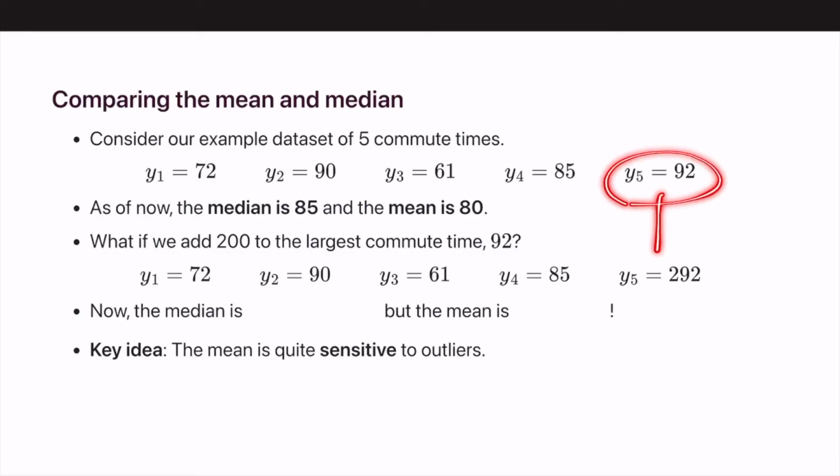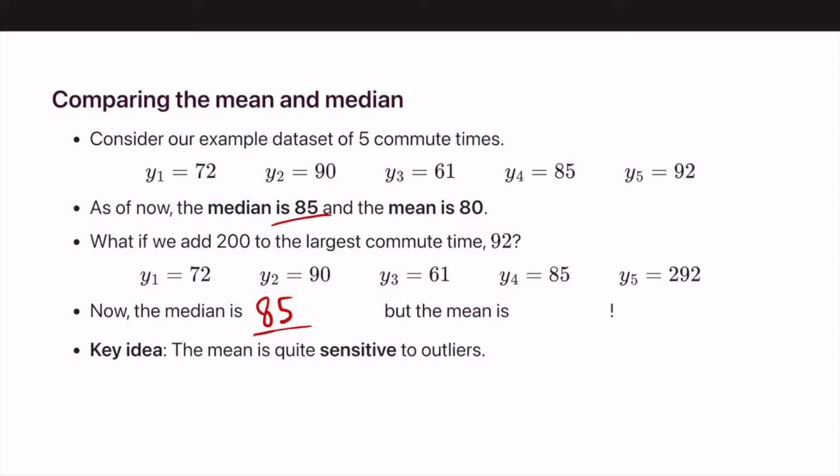So 92 gets turned into 292. Let's think about what happens. What happens to the median? Well, since the median still has 5 values, it remains unchanged because 85 is still the middle one. So the median remains unchanged, 85. So the same.